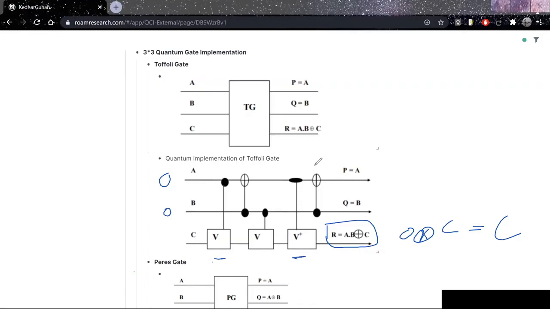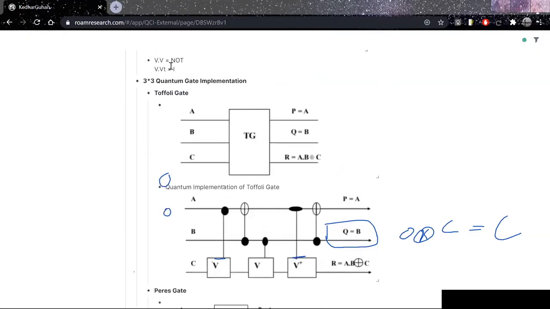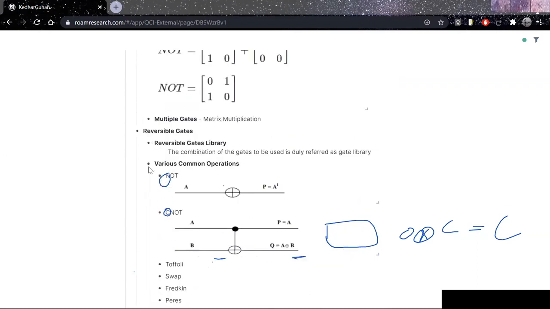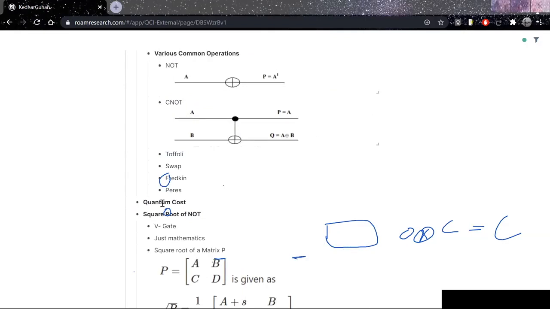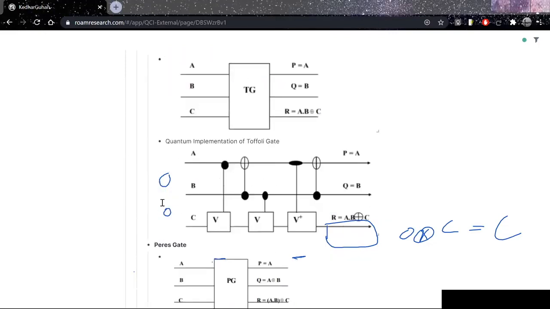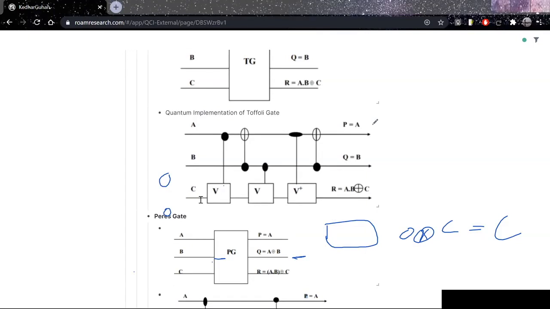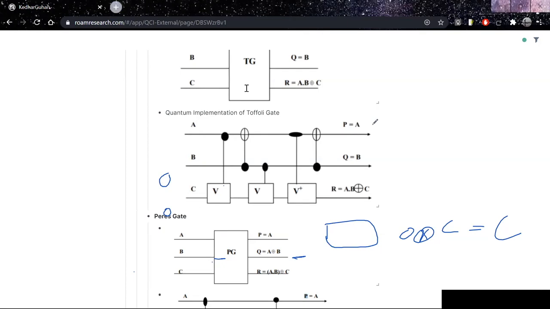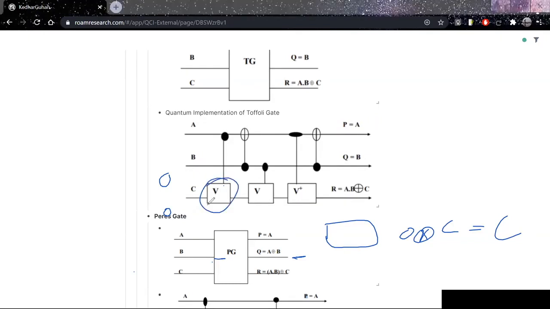Even in the control NOT gate that I showed you a little earlier, the dotted qubit is A, and the XOR qubit is B. So the target bit B is flipped depending on the control bit A. Similarly, the target bit C is acted upon by the V gate depending on the control bit A. When the control bit A is 0, it is as if the gate is not there at all.